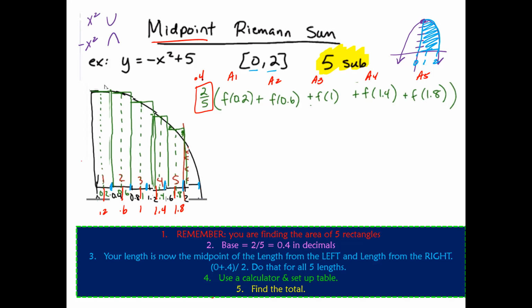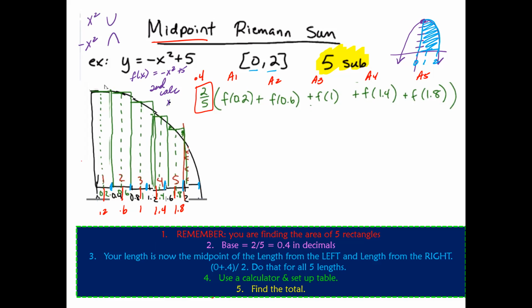All right, so then let's go ahead and find the height of this. To find the height, you will have to do f of x equals negative x squared plus 5. It might be easier if you use the second calc option, so that way you don't have to keep systematically plugging this in. So graph negative x squared plus 5 on your graphing calculator or Desmos.